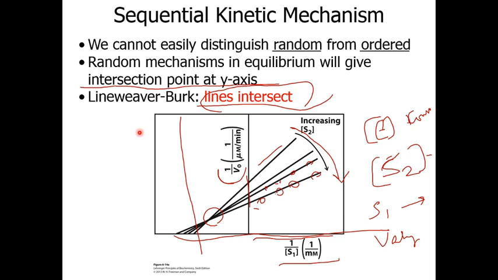Now, the caveat is that it is extremely difficult to differentiate between random and ordered mechanisms, because even though random mechanisms in equilibrium will give intersection at the y-axis, that rarely happens, so it's extremely difficult to differentiate between random and ordered. What you can say is it's a sequential kinetic mechanism.